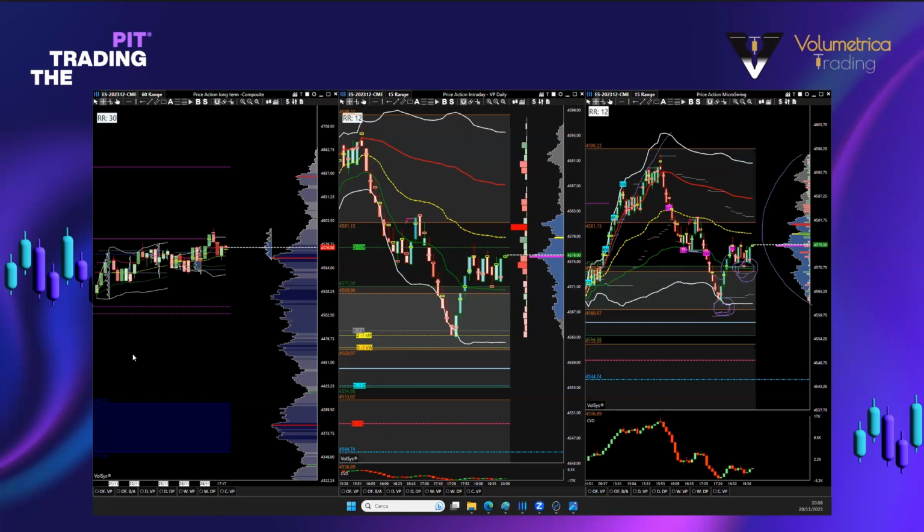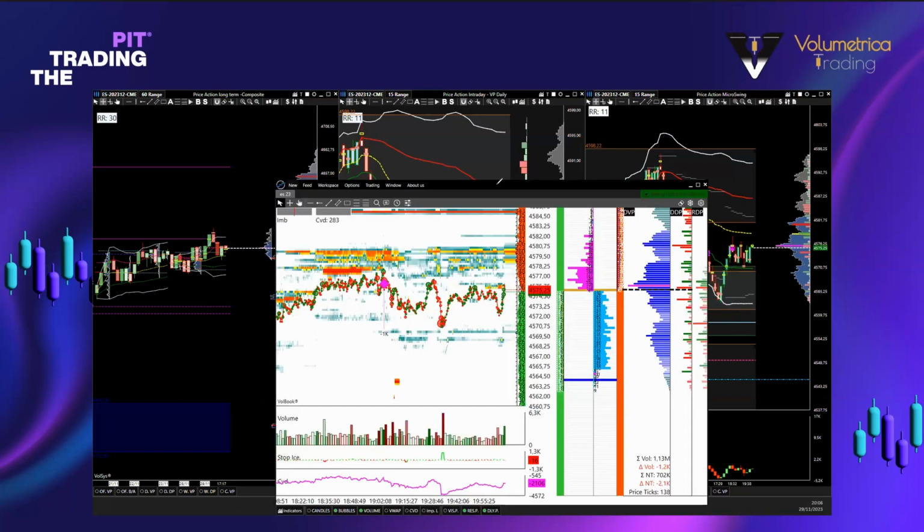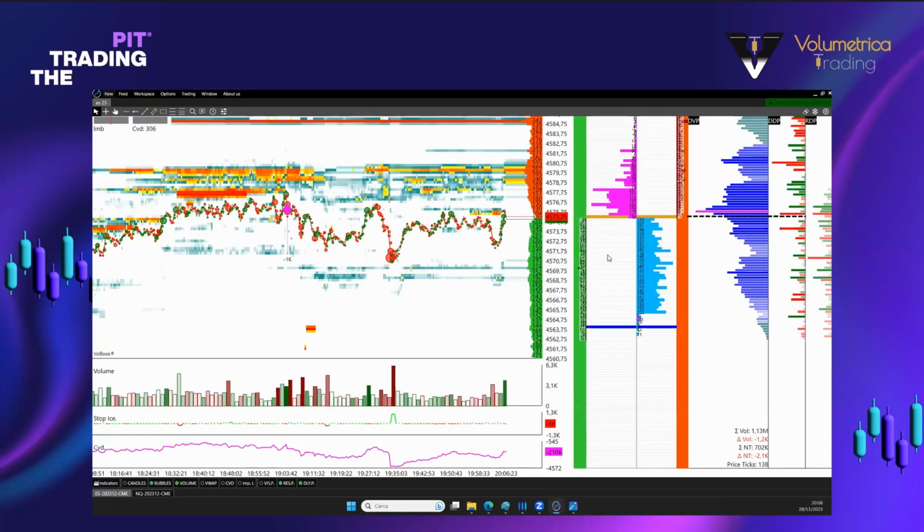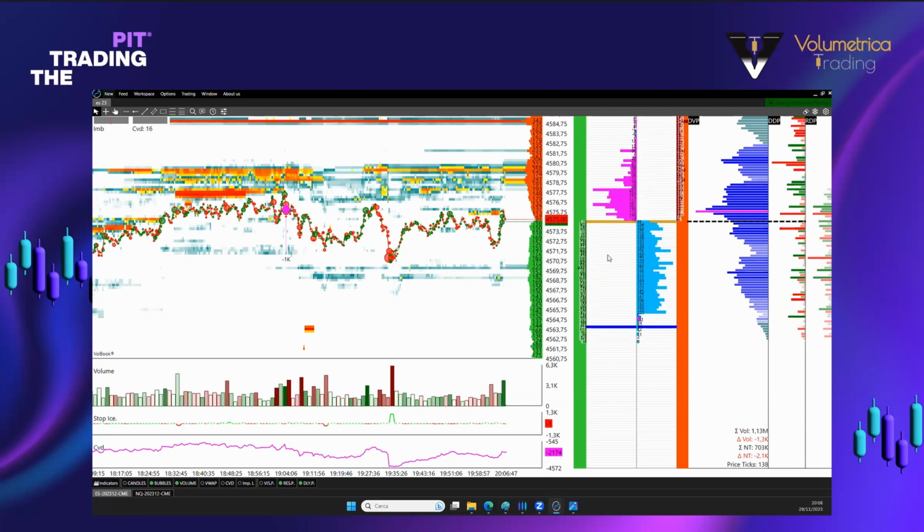I promise that wasn't done on purpose at all, but apparently the market is helping me, providing the best example so I can show you. Exactly here on the last pullback, it gave us the indication of a nice buying iceberg.